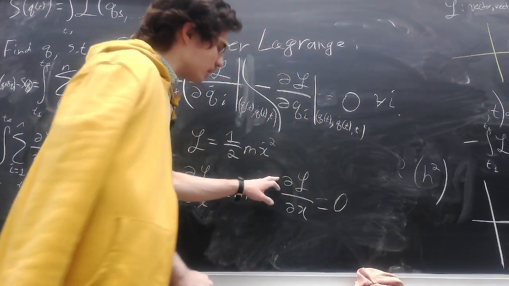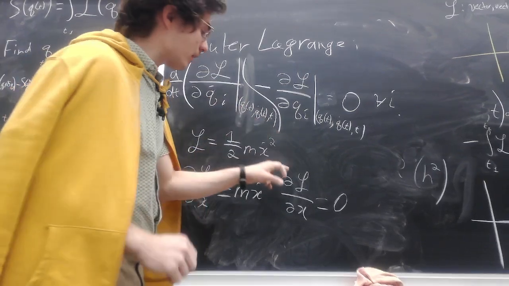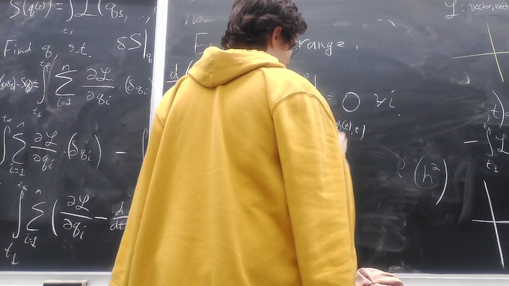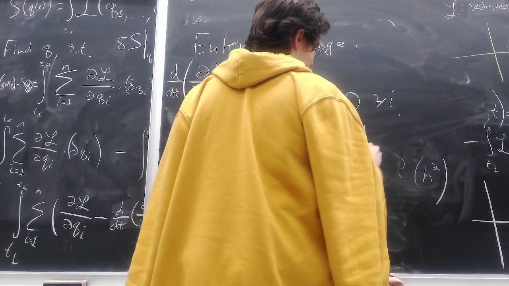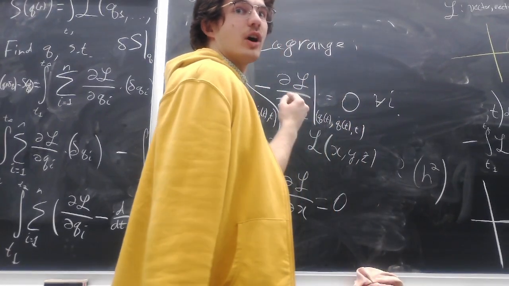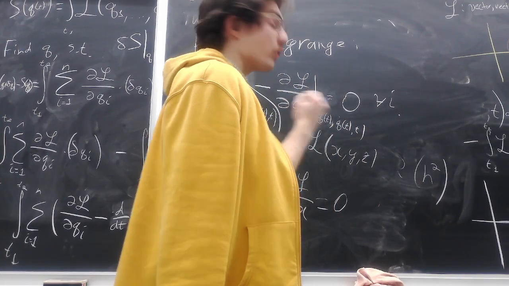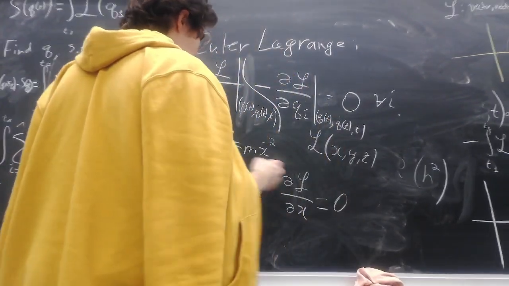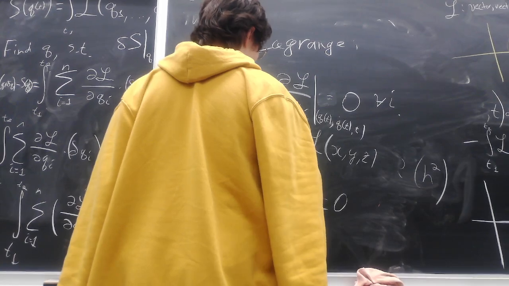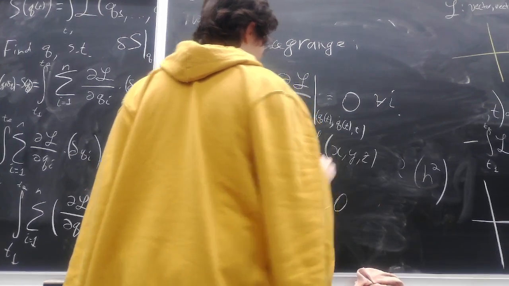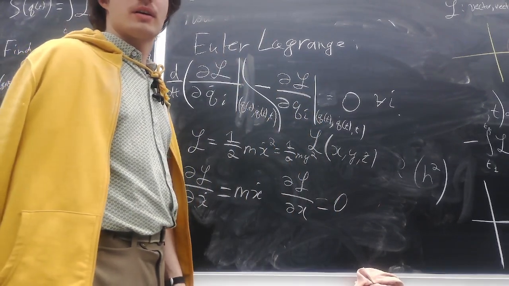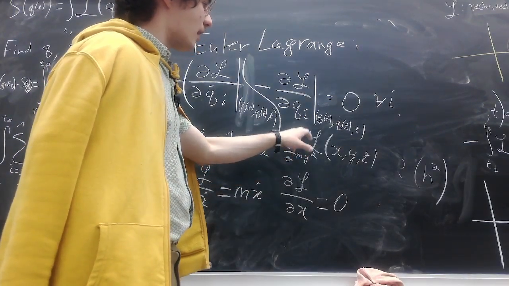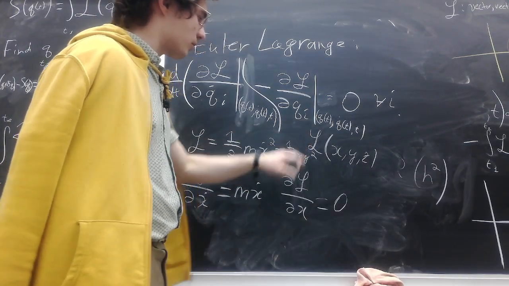Remember, when I write partial L, partial x, I'm thinking of L as a function of x, y, z, where instead of y, I write x dot. Let me rewrite this Lagrangian as 1/2 m y squared. But look, here I'm taking a derivative of this function with respect to y.